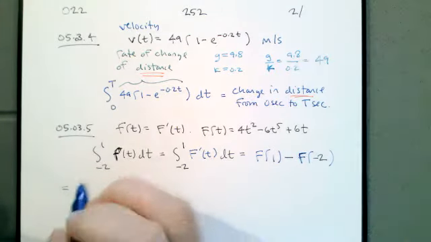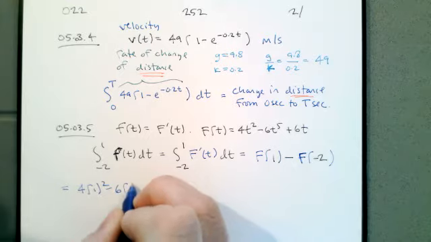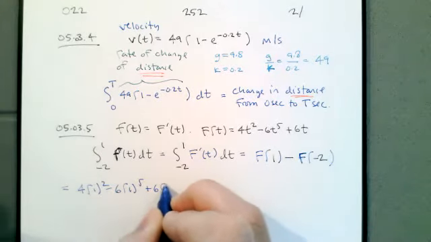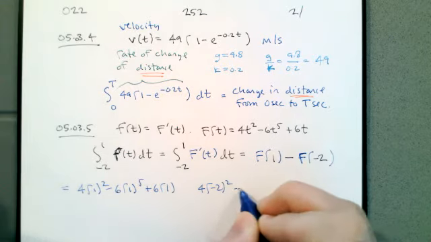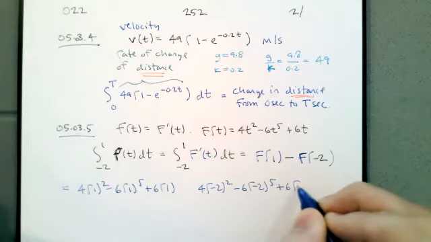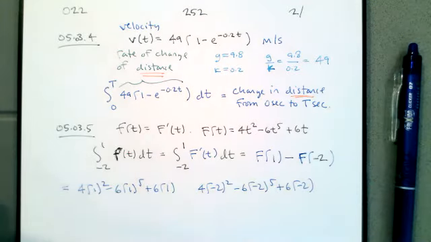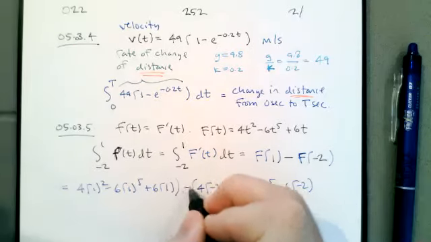So we would just need to do 4 times 1 squared minus 6 times 1 to the 5th plus 6 times 1, minus 4 times -2 squared minus 6 times -2 to the 5th plus 6 times -2. We evaluate capital F at 1, capital F at -2, and then just subtract the results.